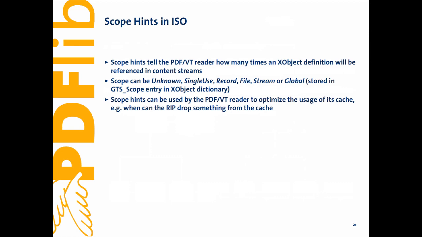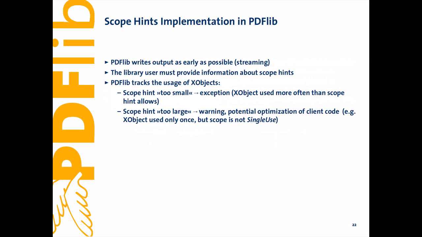We learned in Duff's presentation that you can put scope hints on the X objects in the file, and the PDF VT reader, the RIP, will use them to optimize the usage of its cache. And how did we go about the implementation in PDFlib?